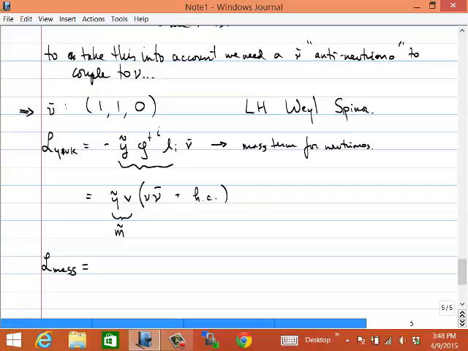So unlike all of the other particles, where we couldn't add an explicit mass term because that would violate gauge invariance, for the antineutrino you can just write down a mass term. There it is. Maybe you want to add the Hermitian conjugate.